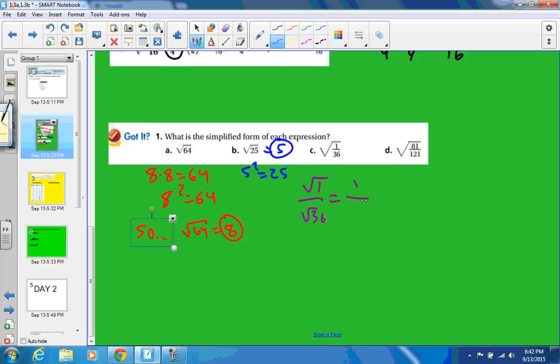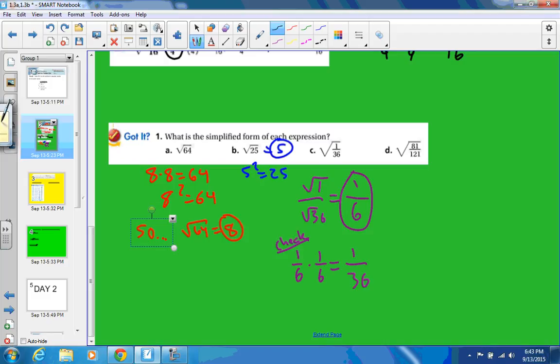And what times what gets you to 36? I think it's 6. So the answer should be 1/6. Let's check that. 1/6 times 1/6. 1 times 1 is 1. 6 times 6 is 36. So that does get you to that 1/36.